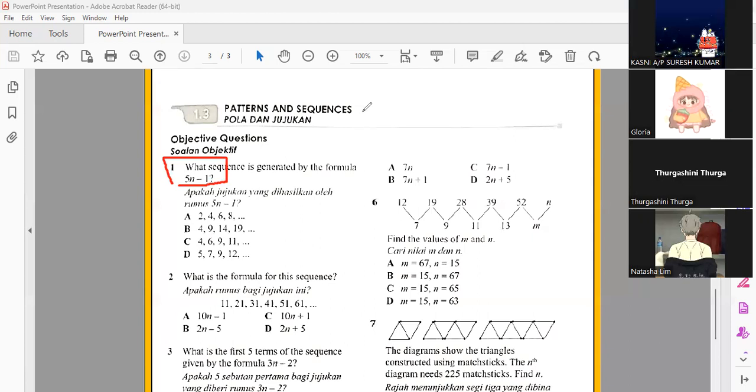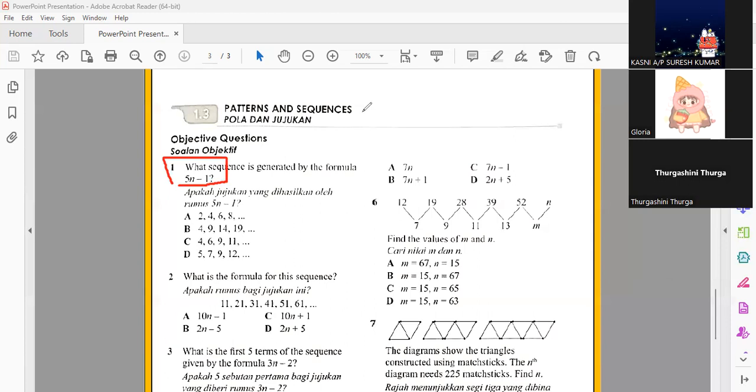Now your n is 3. 5 times 3, it's 15. 15 minus 1 is 14. Can you see the pattern already there? Not so sure?